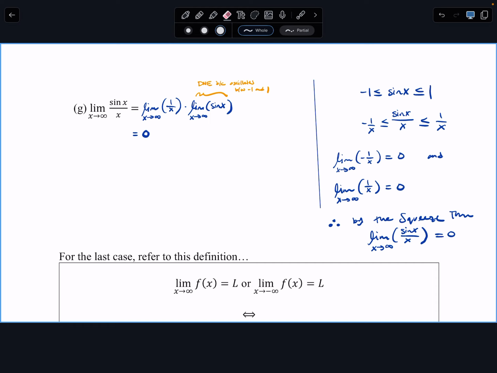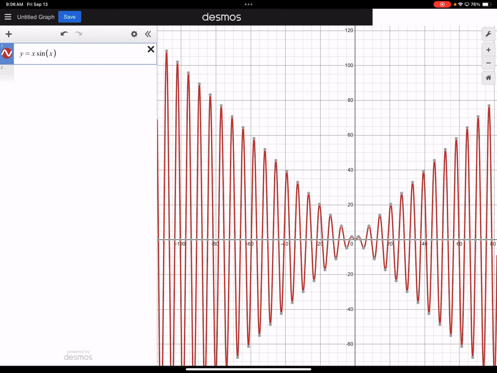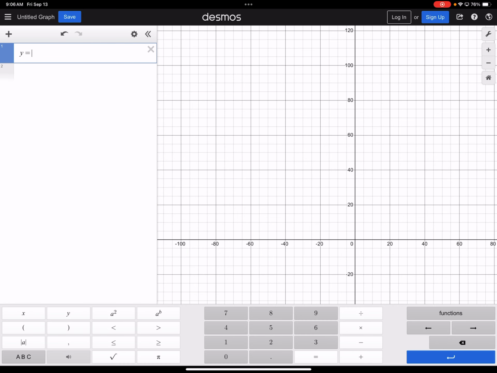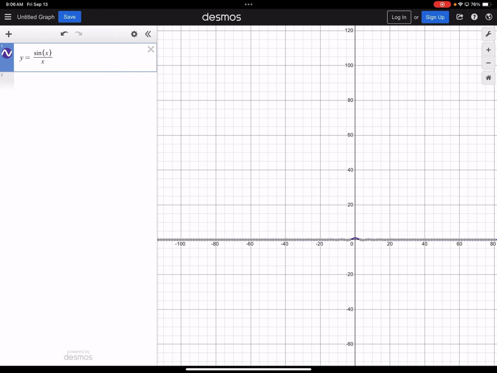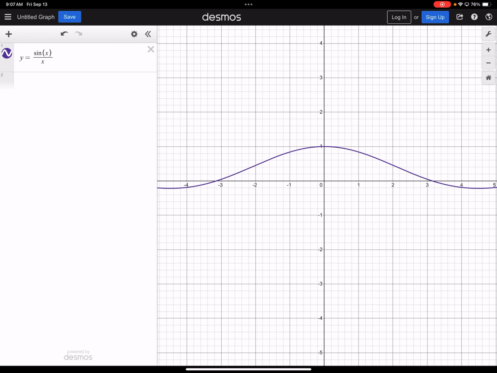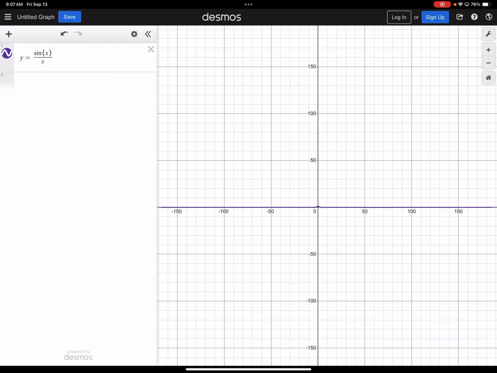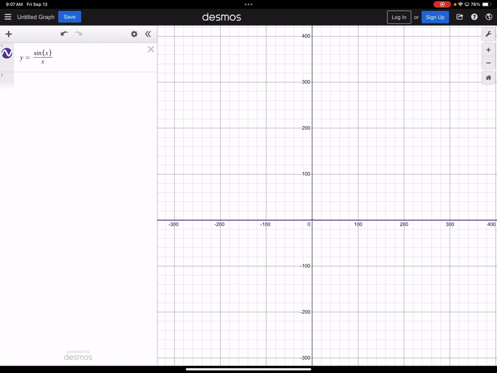Like if we looked at the graph of sine of x over x. Okay, so up close, this is the part that we looked at when we were talking about that special trig limit, as x approaches 0. But if we were to zoom out, doesn't it almost look like you're just looking at a horizontal line at y equals 0?